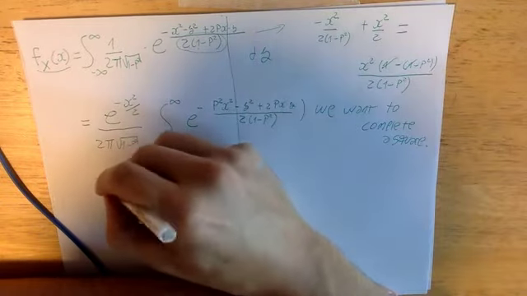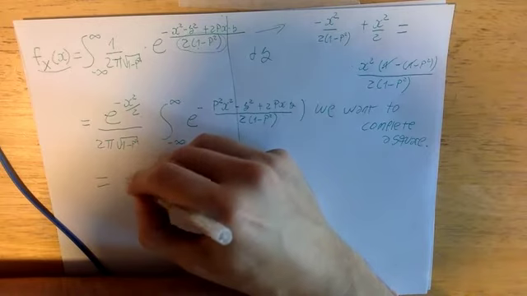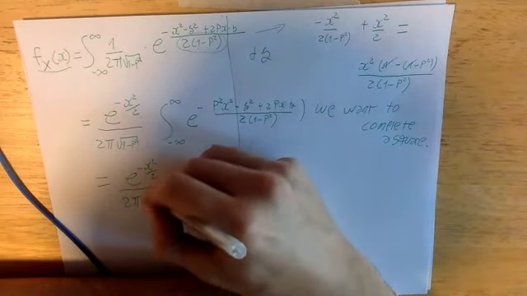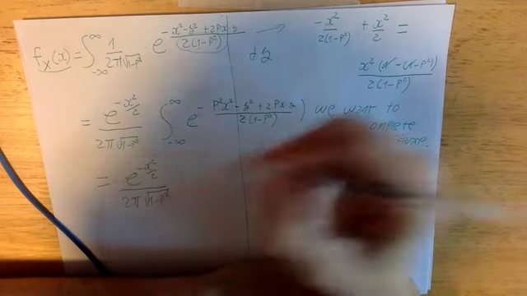Okay, so if we want to complete the square, this is just e to the minus x squared over 2, divided by 2 pi square root of 1 minus p squared.